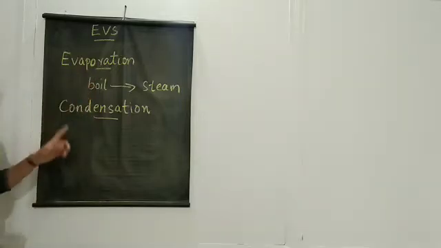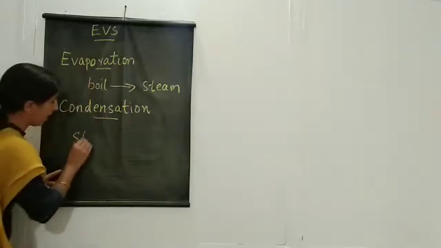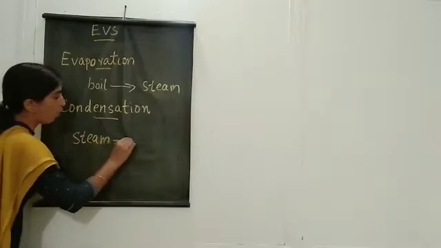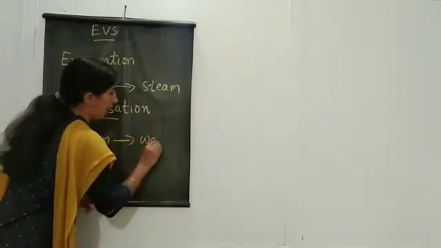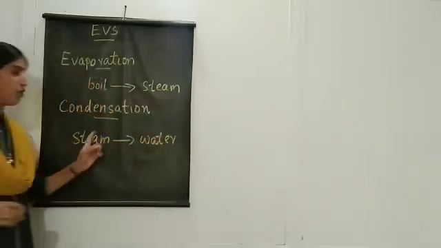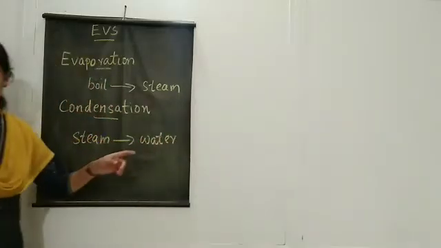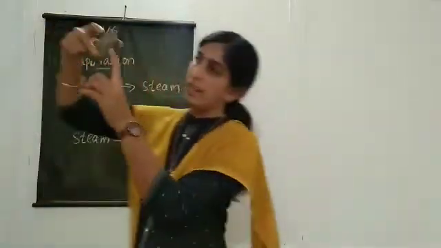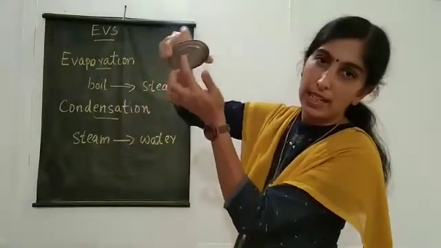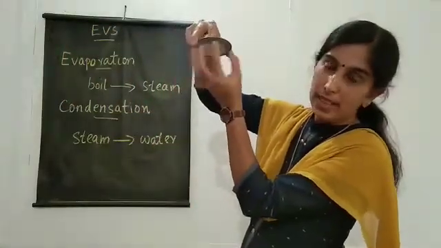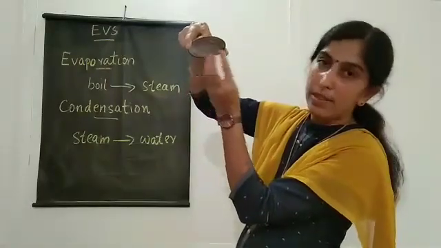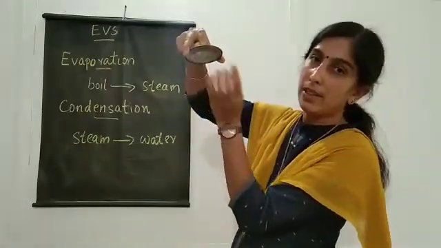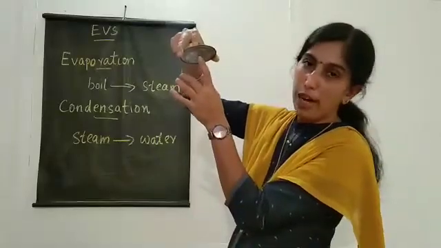And this steam, when it cools, will start to form as water again. You have seen the droplets of water sticking here. This water is again formed in the form of water.